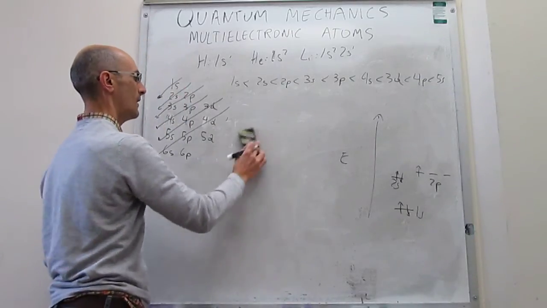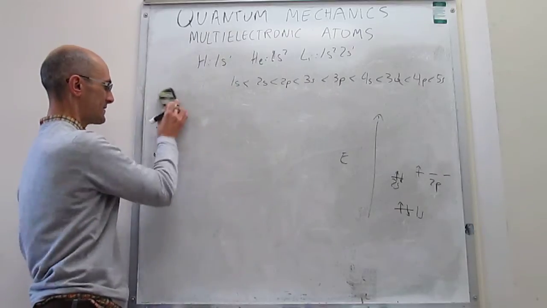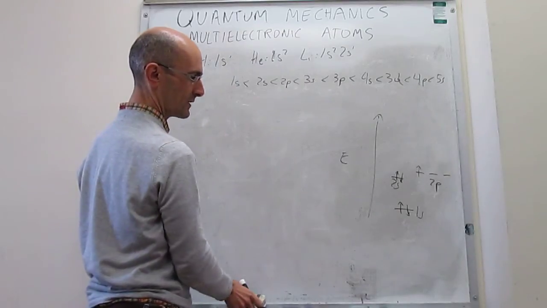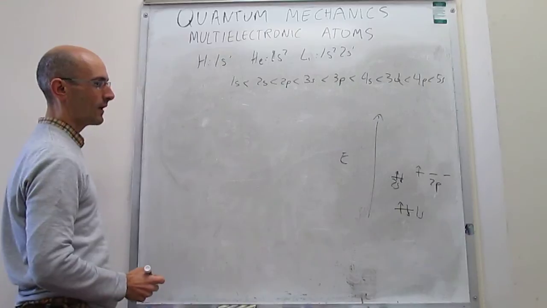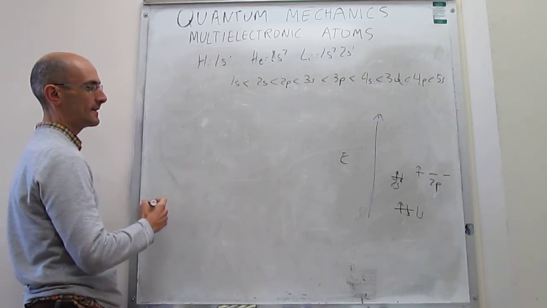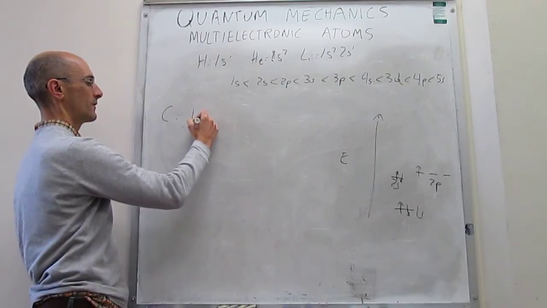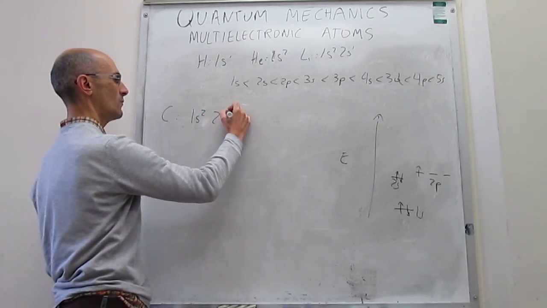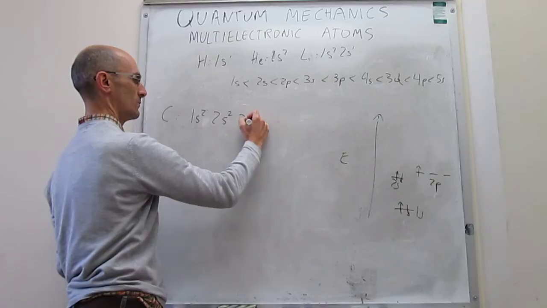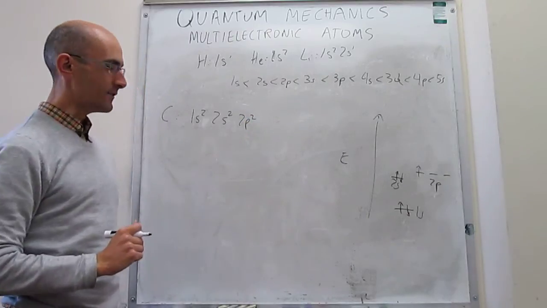Now, that is the electronic configuration for boron, which has 5 electrons, and then we come to carbon, which has 6 electrons. We know that the electronic configuration for carbon is going to be 1s2, 2s2, 2p2. But here we actually have a choice, right?